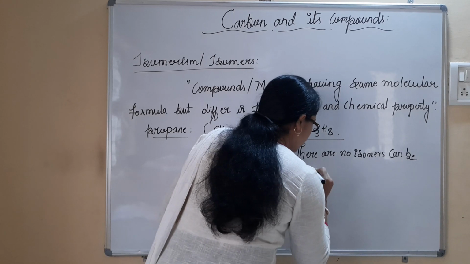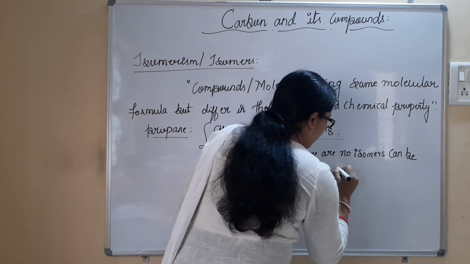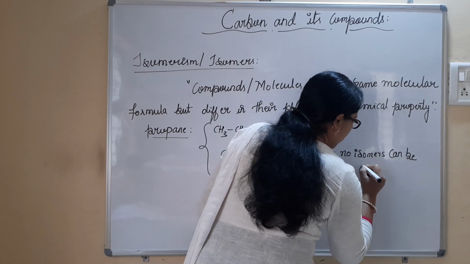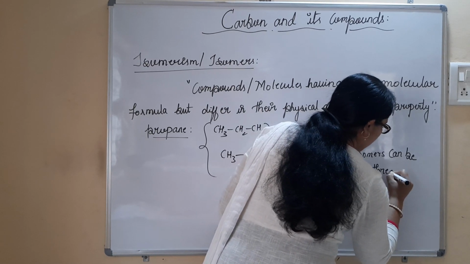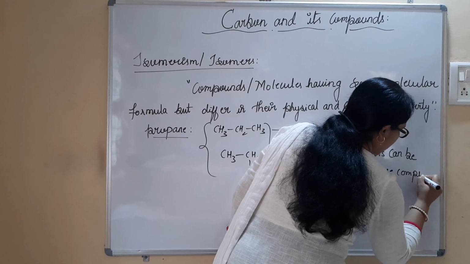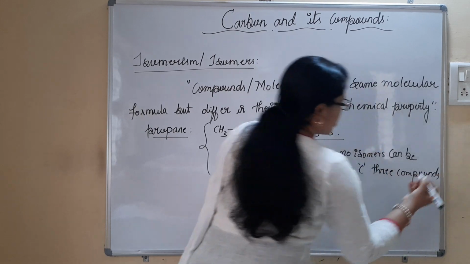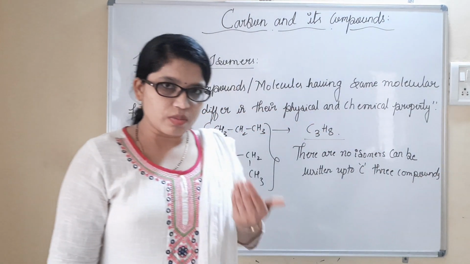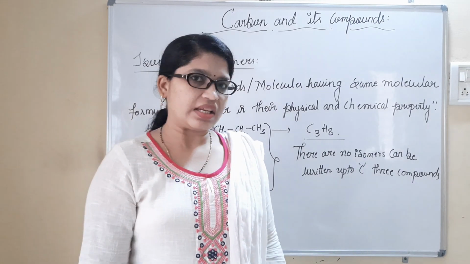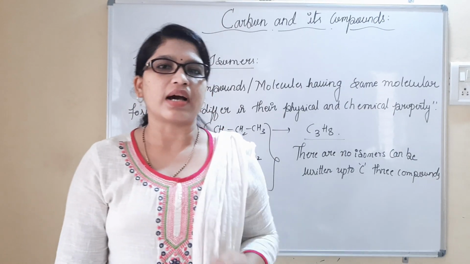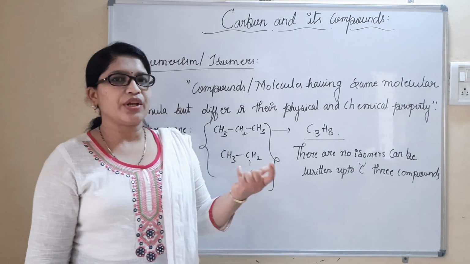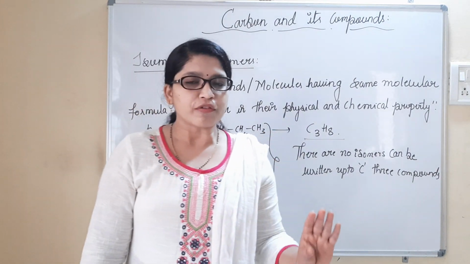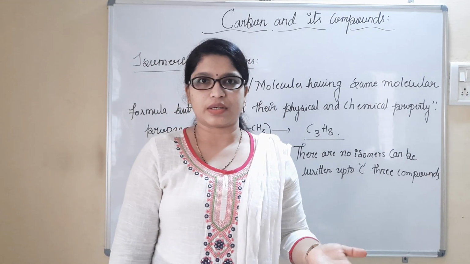No isomers can be written up to 3 carbon compounds. In order to write isomers, we compulsorily need a minimum of 4 carbon atoms. It means the isomer concept is introduced for 4 carbon compounds and more.